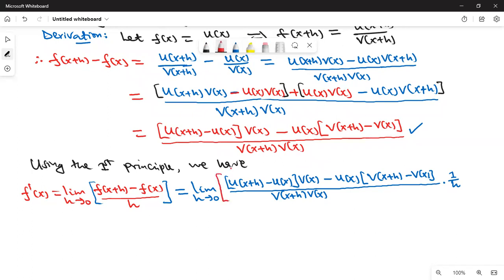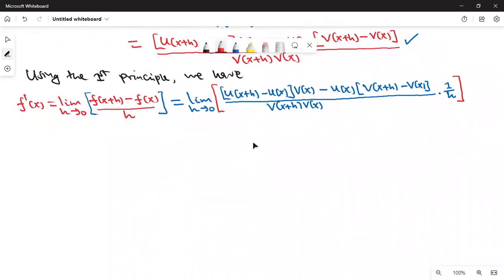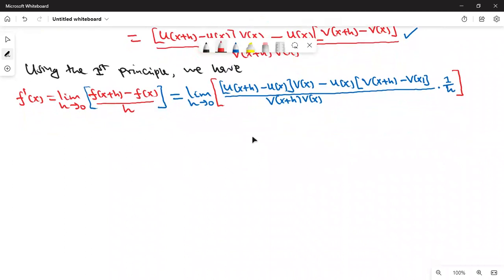So we have that. Now this thing can also be written as, because you see I can split this limit into two parts. We are distributing the limit. So this is now the limit.